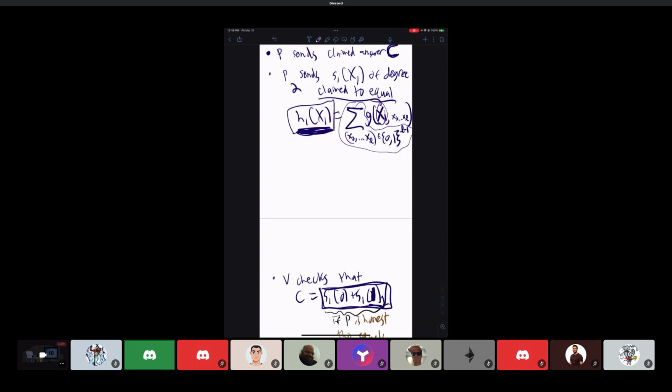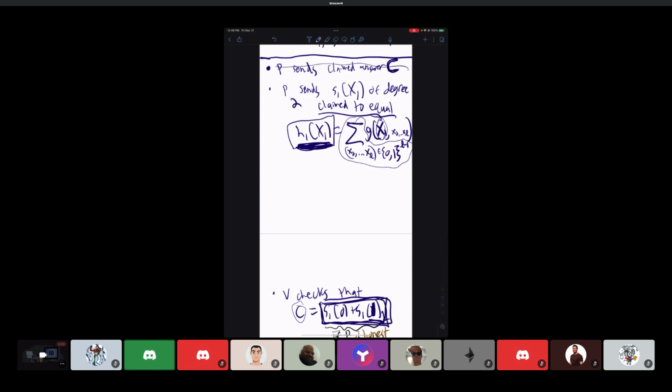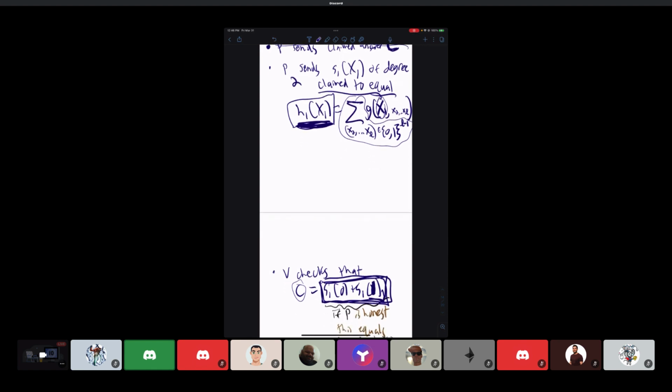That would be equivalent. If the verifier is going to check that the claimed answer equals this thing, it's also equivalent to just assume that the check passes and set C to be the unique value that would cause the check to pass. So I didn't actually have to start with this. V could just take the claimed answer to be S1 of 0 plus S1 of 1.